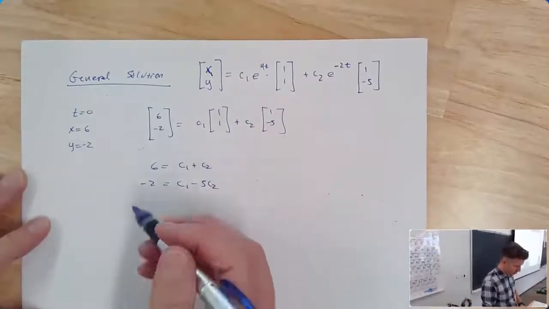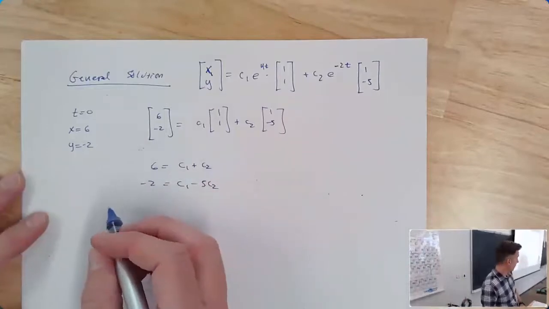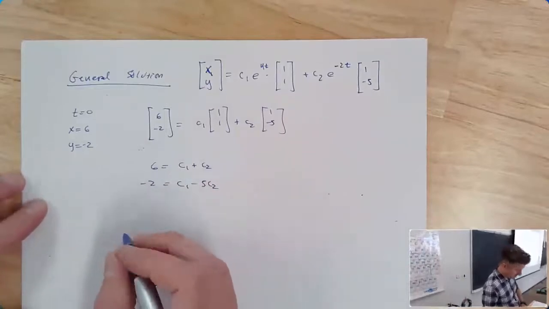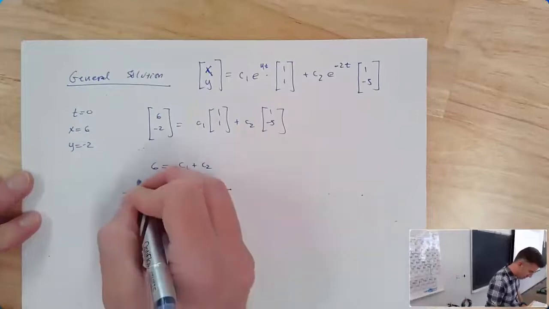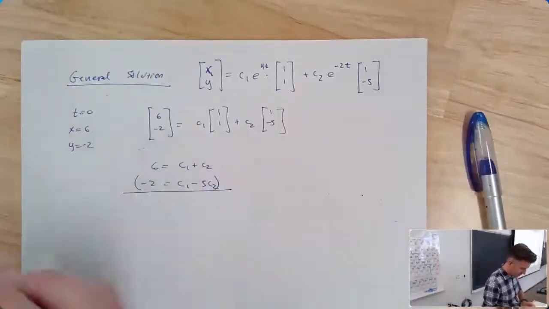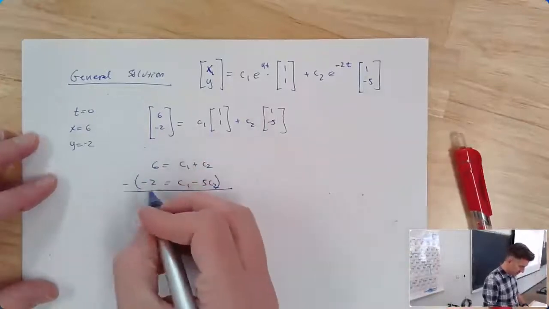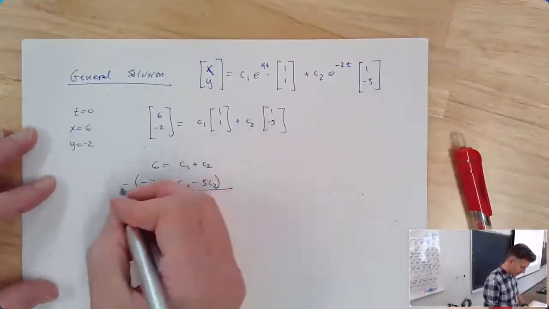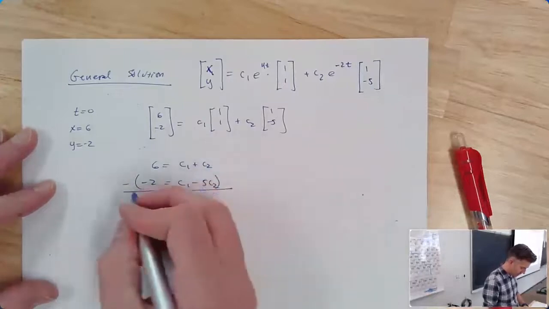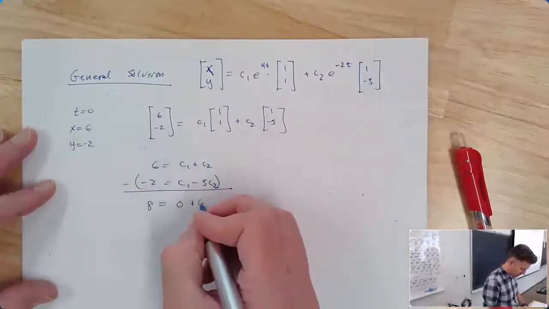Instead of a substitution like last time, I would probably use the elimination method. I'm going to take my first equation and subtract my second equation to eliminate the C1. 6 minus minus 2 is 8. C1 minus C1 is 0. C2 minus minus 5 C2 is 6C2.